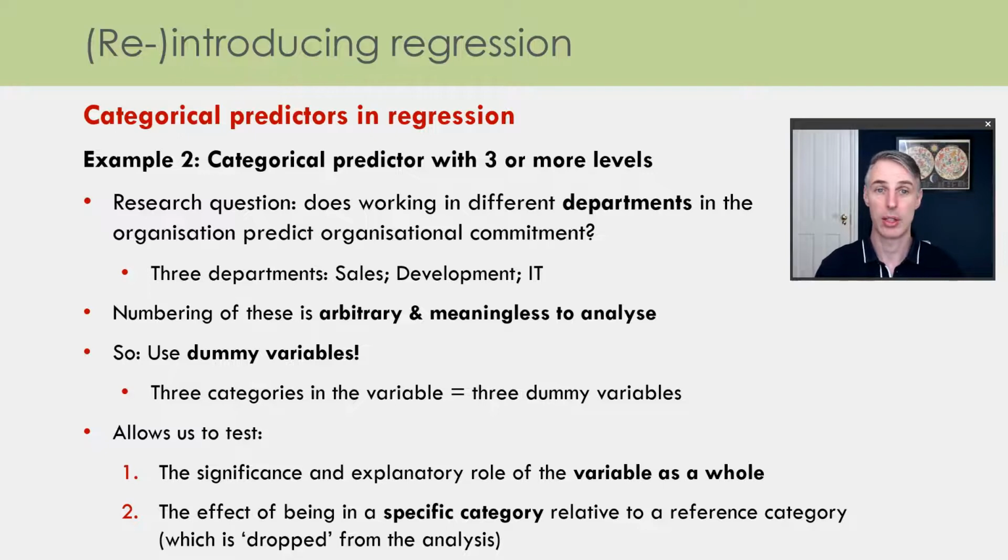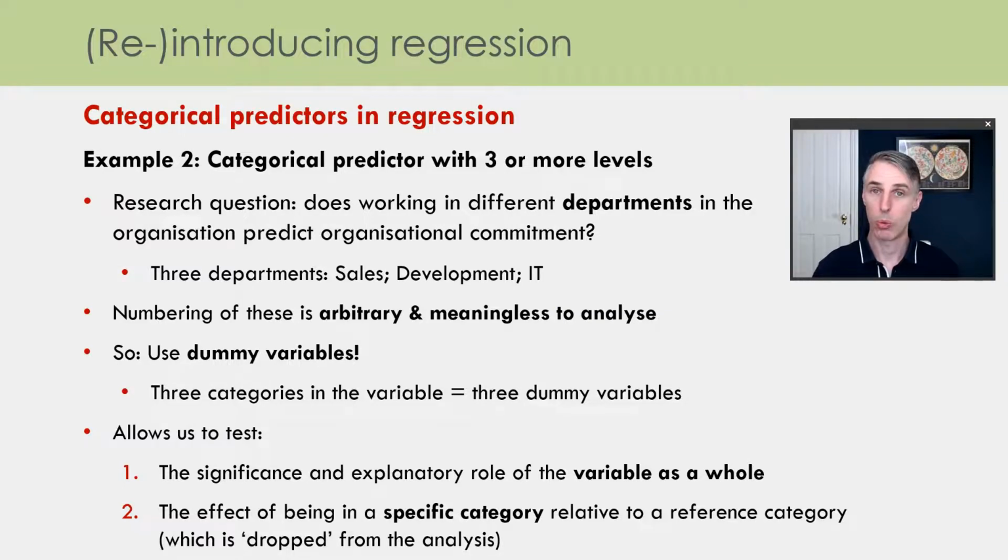So if we know the value on sales and on development, then we will know the person's score on IT. If they're not in sales or development, they will definitely be in the IT team. Or if they're in the sales team and not the development team, then they're definitely not going to be in the IT team. So what that means in analytic terms is that those 3 dummy variables are redundant. There's redundancy.